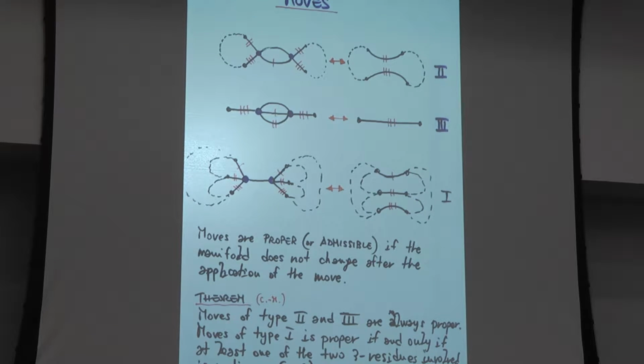So it's not very convenient, but anyway. So these are moves connecting, almost locally, graphs which represent the same manifold. If you perform moves, the topological type does not change if the move is admissible.